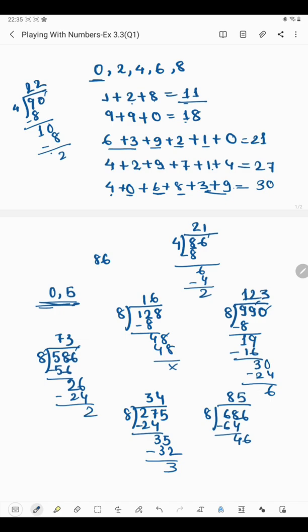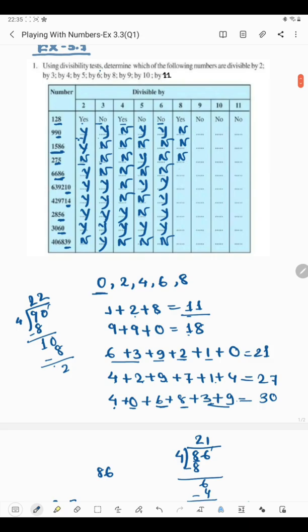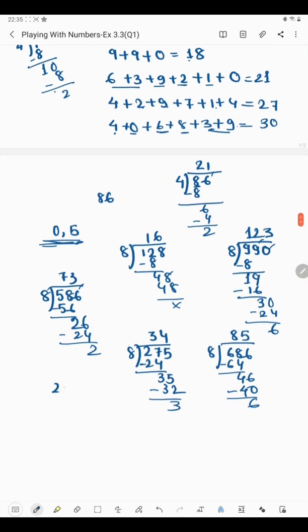So we'll take 5. 8 fives are 40. So we have got 6 as remainder. So what we will write here? No. Okay. Now here 210. If you divide 210 by 8, then we will have 8 twos are 16. So 5 will come down. 21 minus 16 is 5. Now 0 will come down.